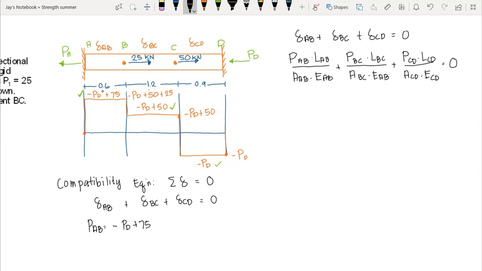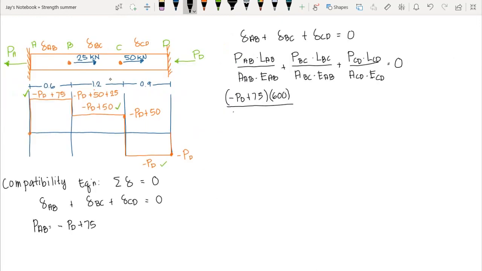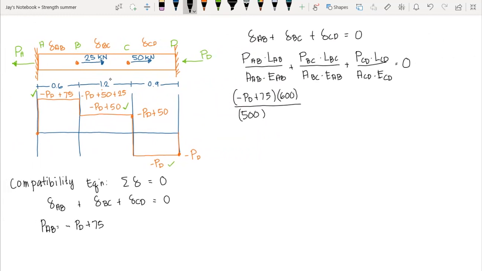LAB, the length of AB, is 0.6 meter, so we can say that it is 600 millimeter, over the cross-sectional area of AB, which is 500 square millimeter, times E. Since we do not have a value of E, we let our modulus of elasticity be unknown, but since this is a homogeneous bar, our E, or modulus of elasticity, is uniform all throughout.